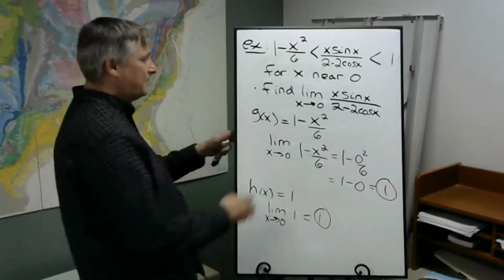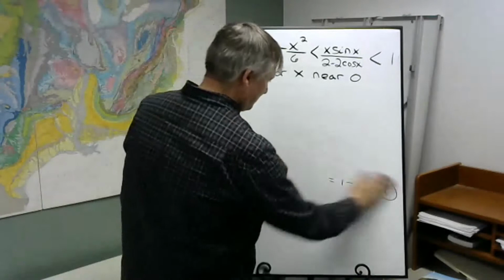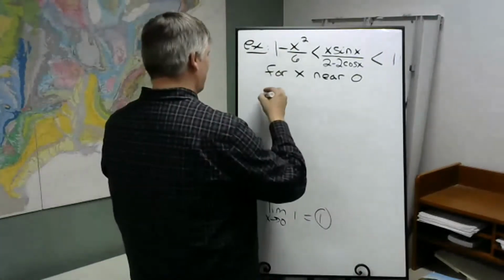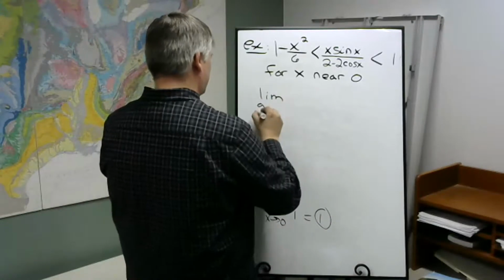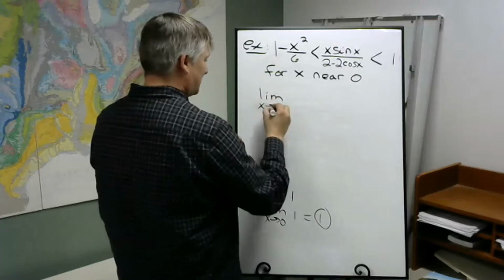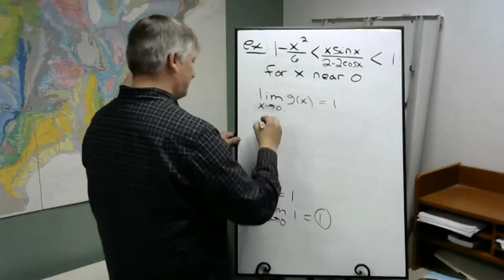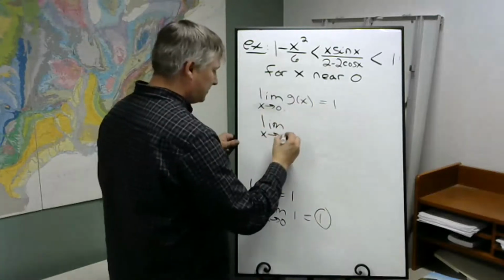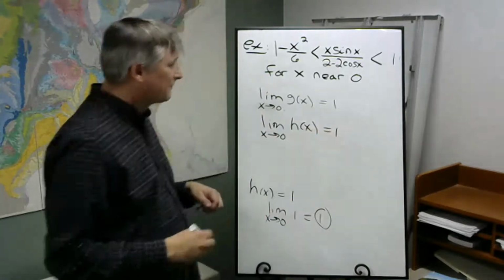What this says is the limit as x goes to 0 of g of x equals 1. The limit as x goes to 0 of h of x equals 1.